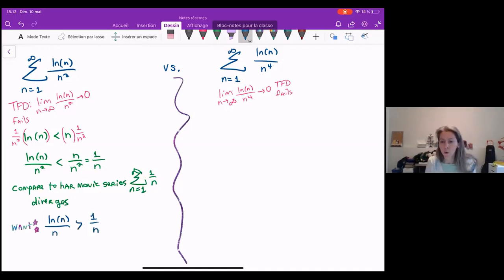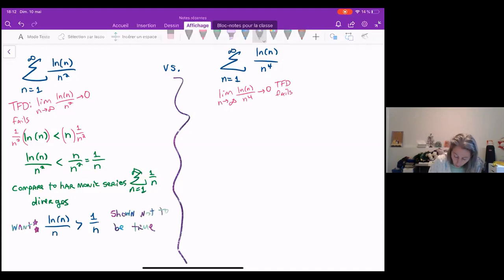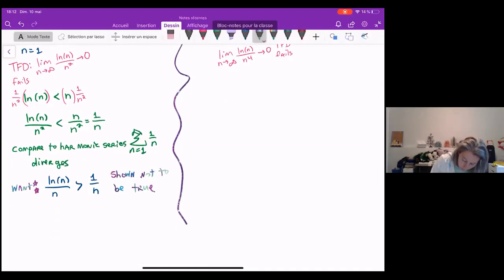But we already showed that that's not true. So that's not true. Then we might think, okay, let's go on to the limit comparison test. My inequality failed, so try limit comparison.